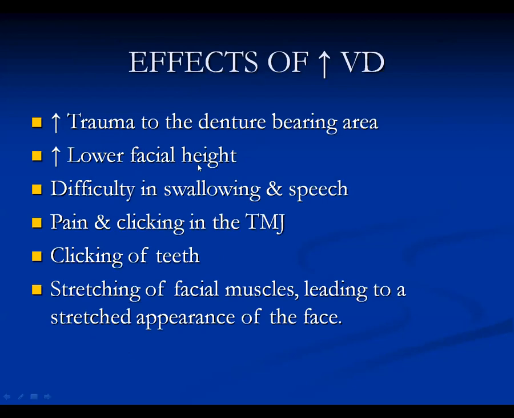It traumatizes the denture bearing area, lowers the facial height, causes difficulty in swallowing and speech, pain and clicking in the TMJ, clicking of the teeth, and stretching of your facial muscles, leading to a stretched appearance of the face.